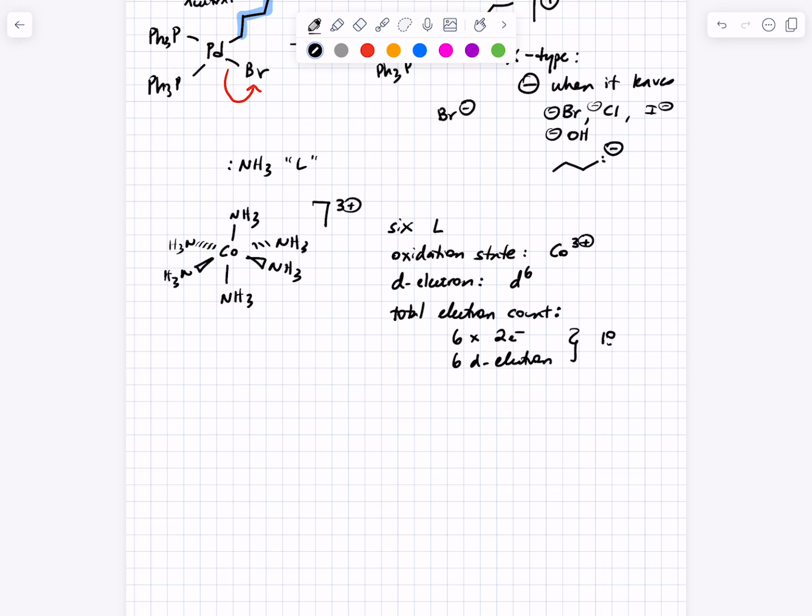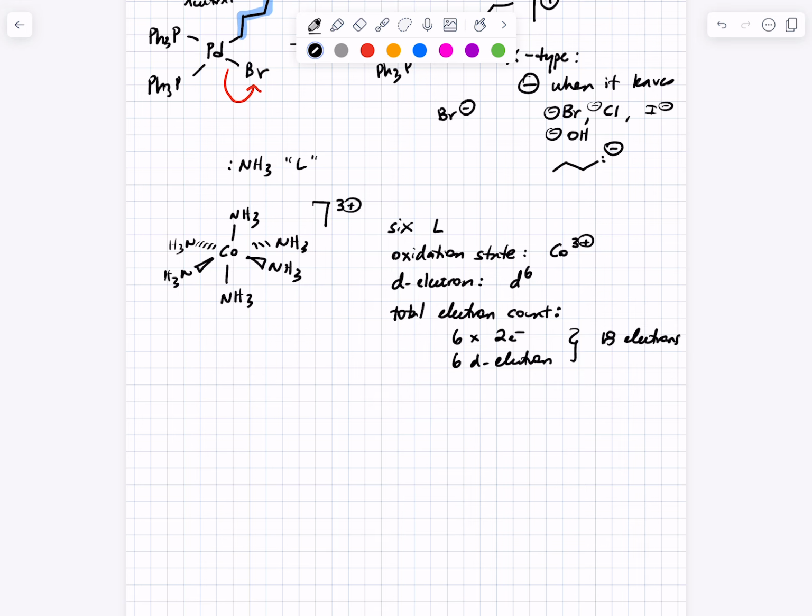Overall, that means 18 electrons total. Now, if you look at that row of the periodic table, the 4th row, and count the number of columns from potassium all the way through to krypton, there are 18 columns, 18 electrons.